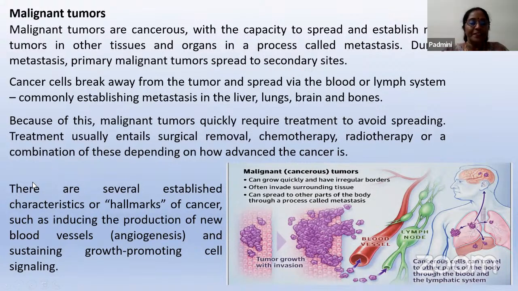So there are several established hallmarks of cancer, such as inducing the production of new blood vessels, which is called angiogenesis, and sustaining growth-promoting cell signaling. So that's what we are talking about. When the cancer has to develop and survive, it needs blood supply.